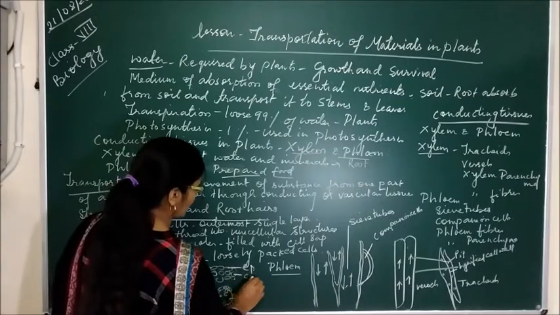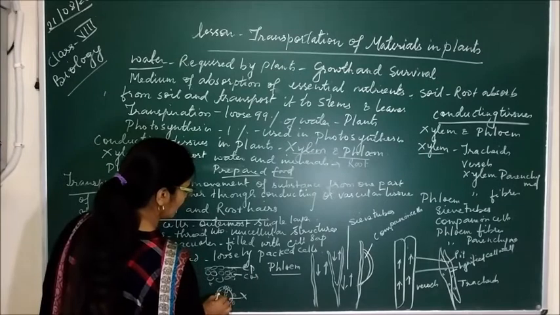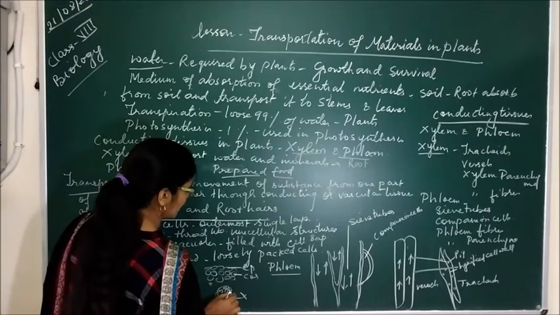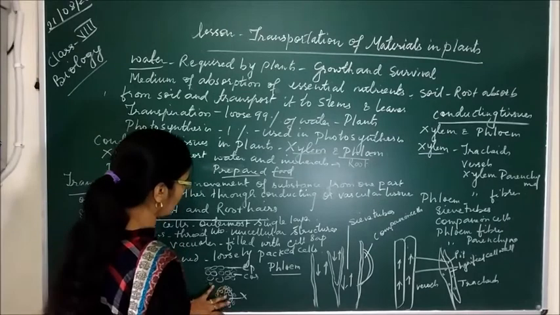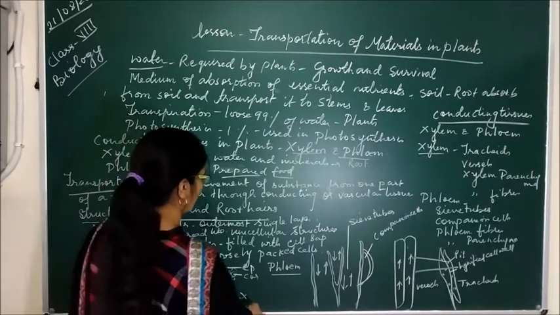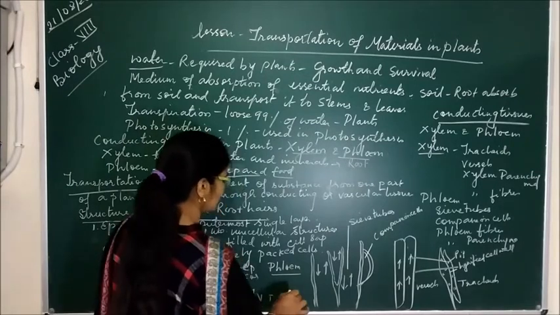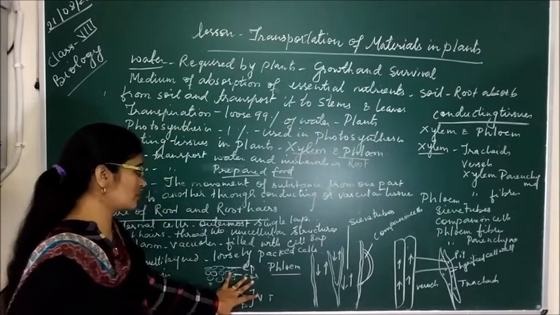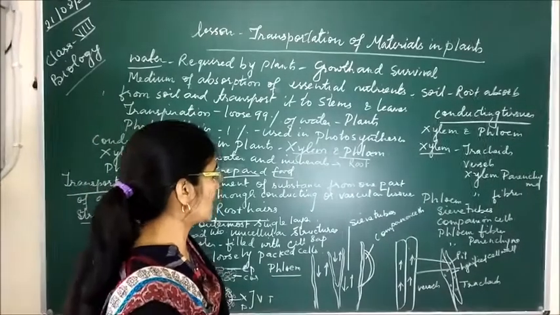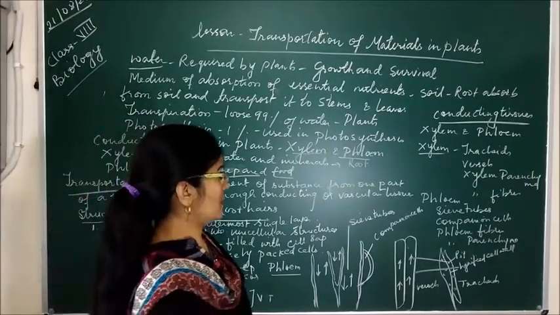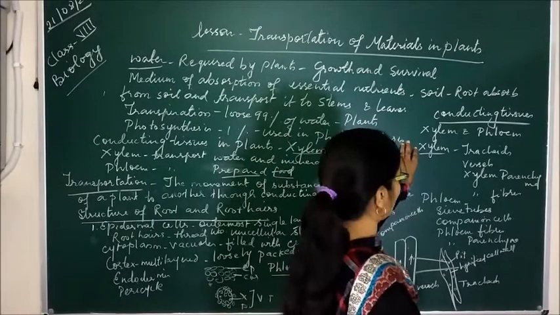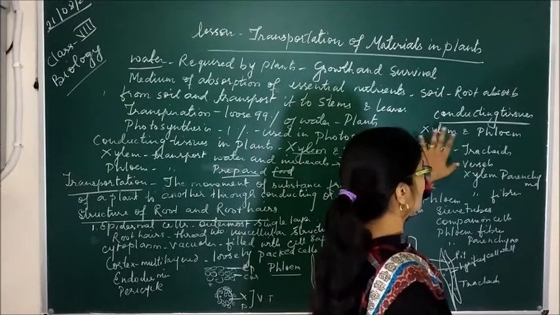These are the cortex, and here between the xylem we can see the phloem. And these xylem and phloem together form the vascular bundles or the vascular tissues. Means they are also called conducting tissues because they conduct the water and minerals, and as I have already told you, the functions of the xylem and phloem.